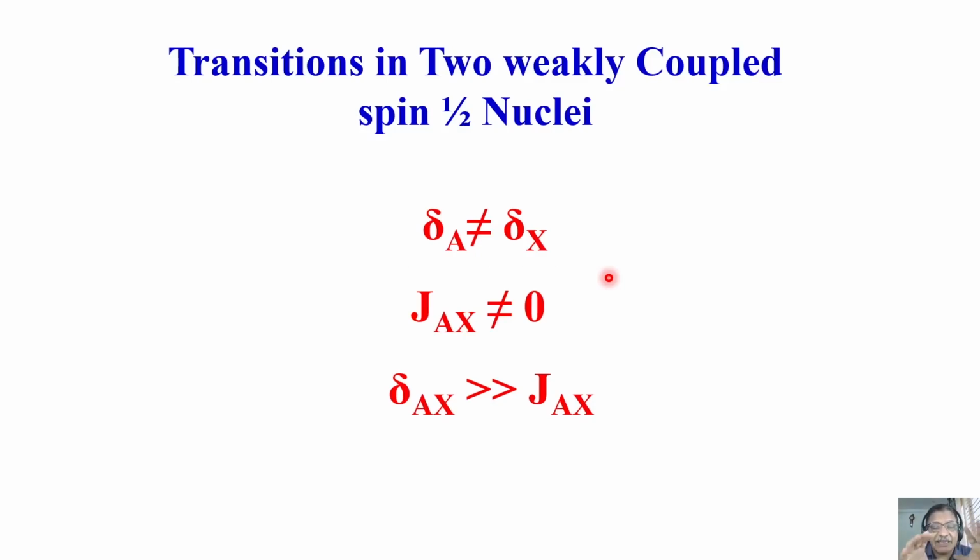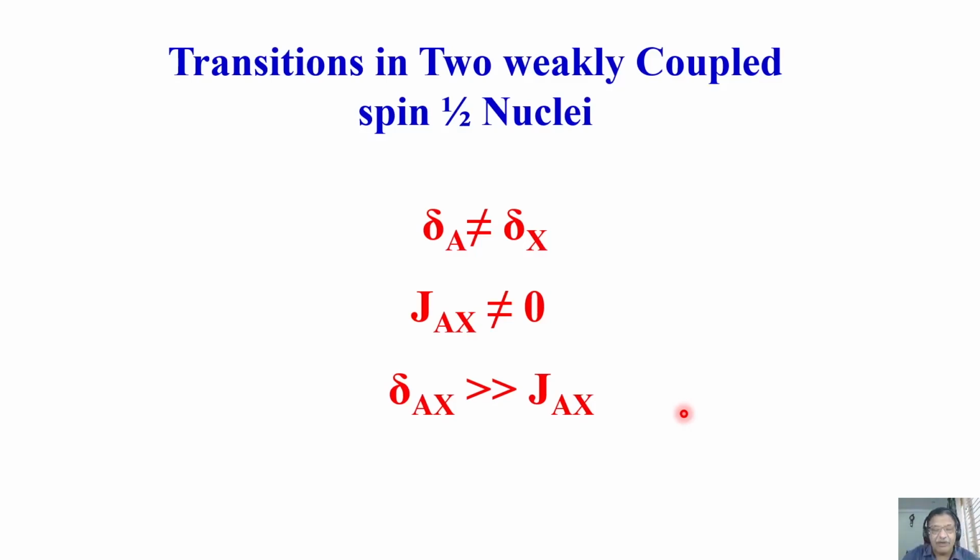How strong the interaction is, we will decide later, but one condition is that JAX is non-zero. And I have also put a condition that the chemical shift separation between these two nuclei is very much larger than the coupling constant. You understand what I mean?